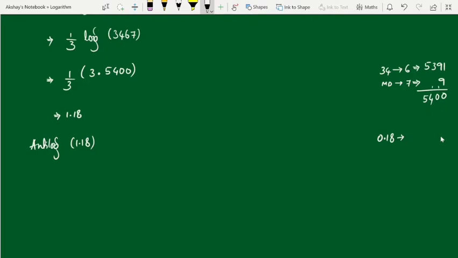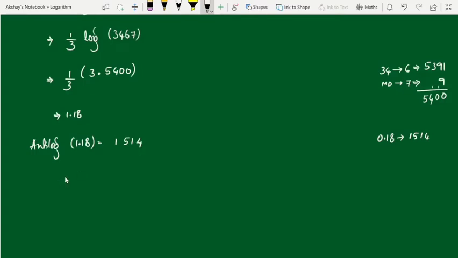Leave the characteristic part; after the decimal you have to see. In that 0.18, under 0, I have 1514. Write that value here.